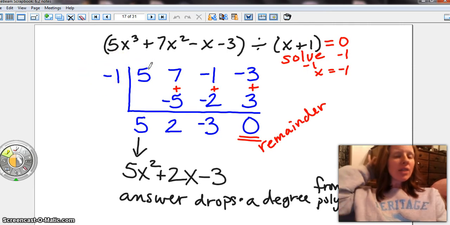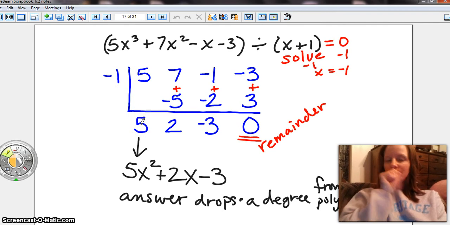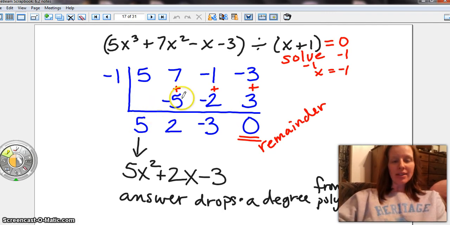So here's how synthetic division works. You drop down this first coefficient. I'm going to multiply -1 times 5. I place that answer right here. So it's a multiply, and then bring up, and then I'm going to add these, which gives me 2.